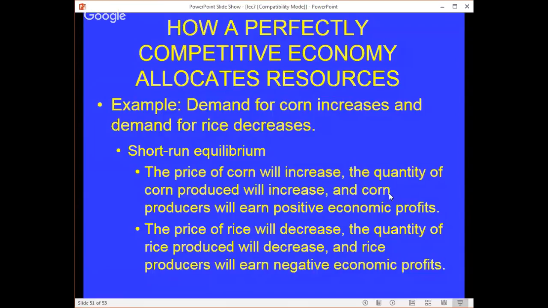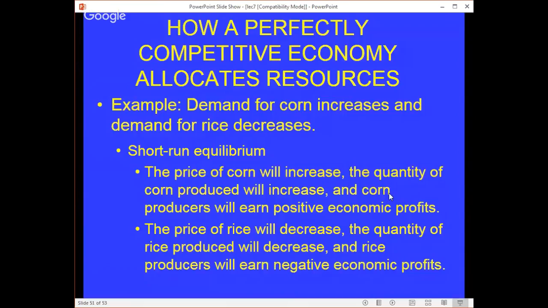In this case, for rice, quantity will decrease to Q double prime.